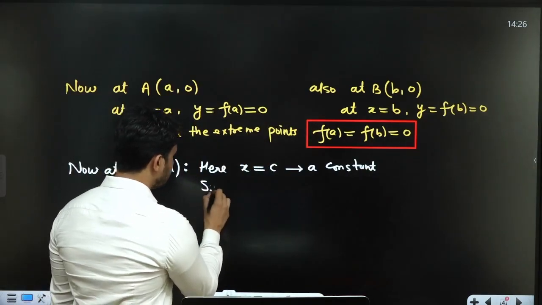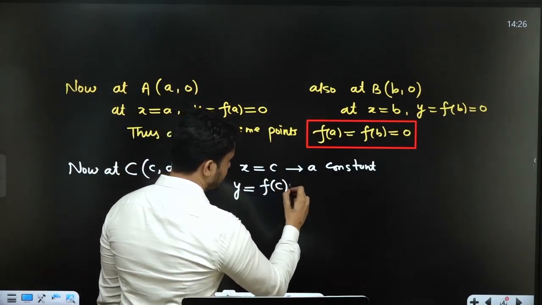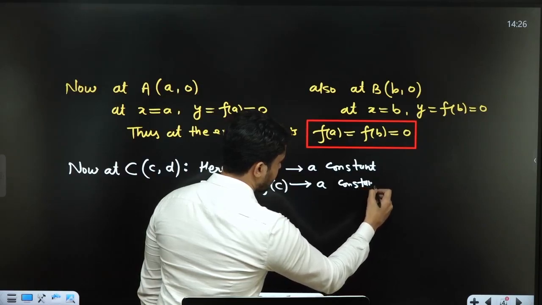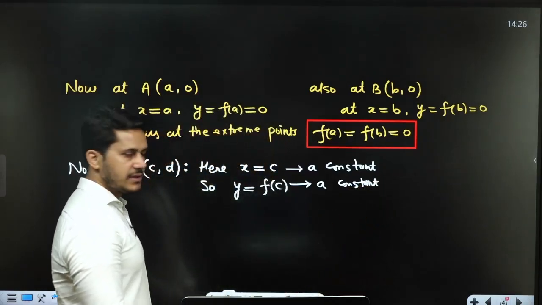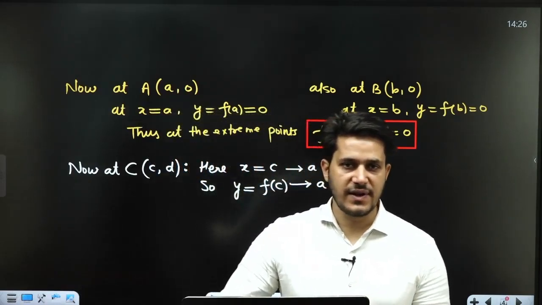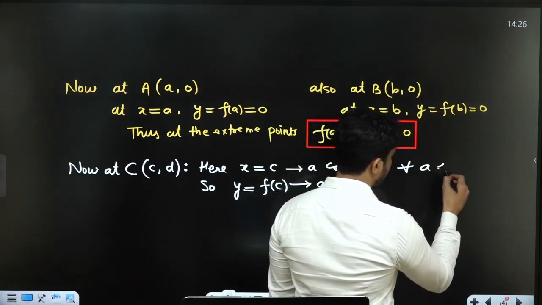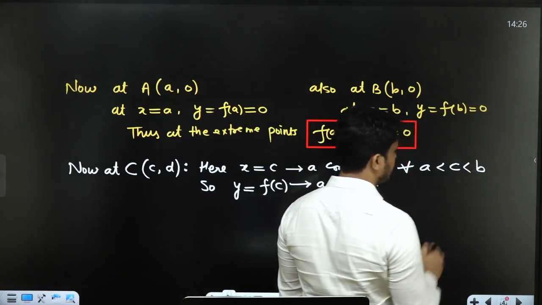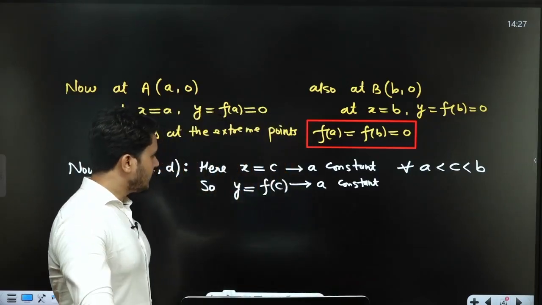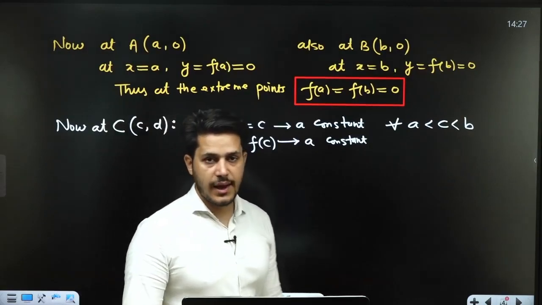So y equal to f of c will be a constant, right? If there is a value x equal to c in between the intervals, we can also write this as, for all a less than c less than b, c lies between a and b. So y equal to f(c).